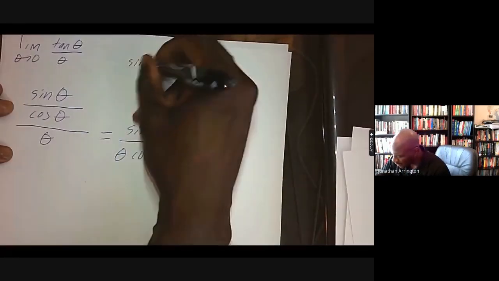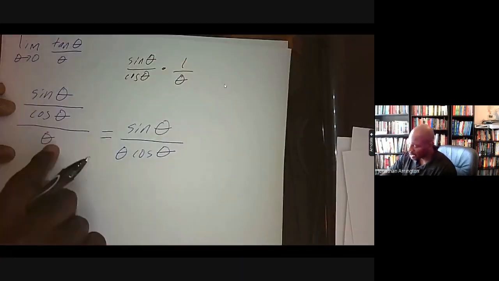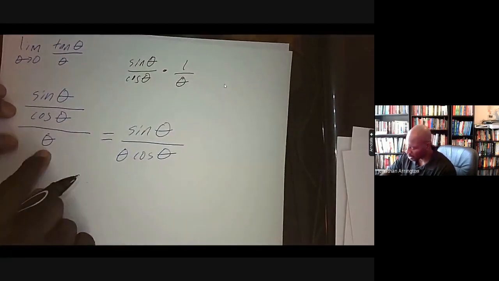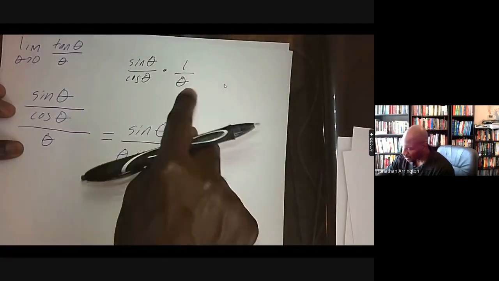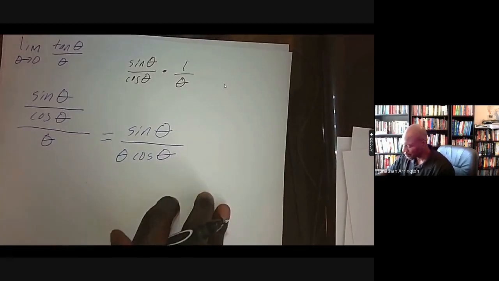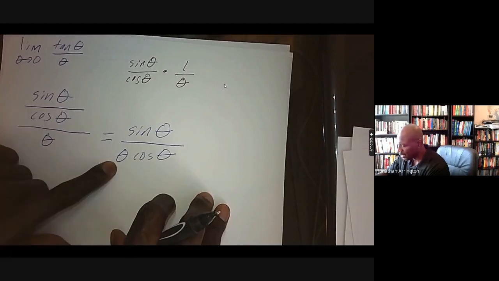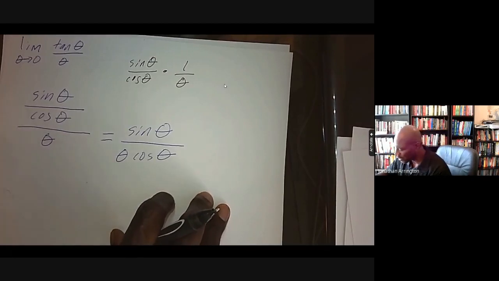So you can think of this as sine theta over cosine theta times 1 over theta. Again, when you divide, you multiply by the reciprocal. The reciprocal of theta is 1 over theta. And so there you can see how you get theta times cosine. So just in general, if I have a fraction divided by something, I can put that something in the denominator of that fraction. Perfectly legal.